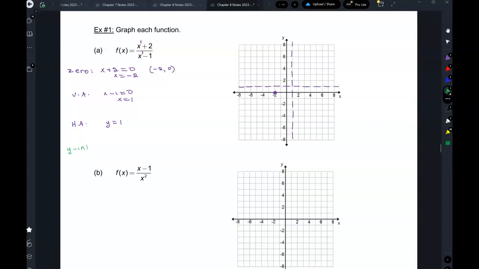So the y-intercept is when x equals 0, correct? So to find that, we say let x equal 0. That means we have y equals 0 plus 2 over 0 minus 1, okay? So just plug in 0 for x. So y equals negative 2, which is at 0 comma negative 2. Okay. When you do that, you automatically have your second point here.